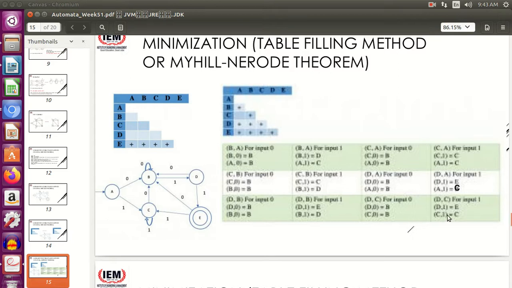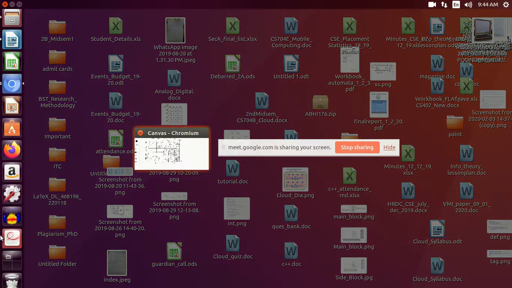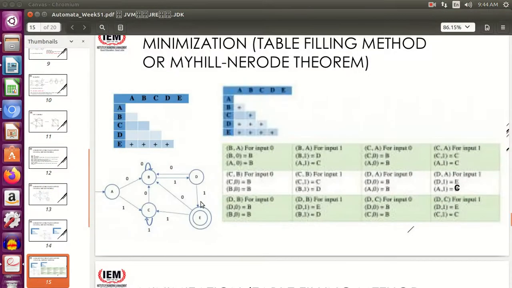So here we can see that for CD, D on getting a 1 goes to E. So we can mark the pair CD, because D on getting a 1 was going to the state E, which was already marked. Next we have BD.